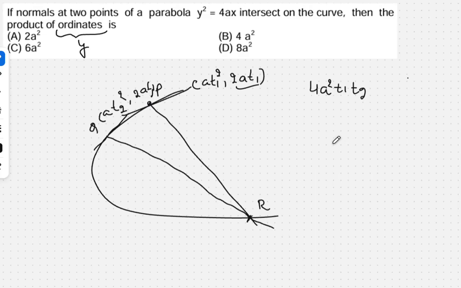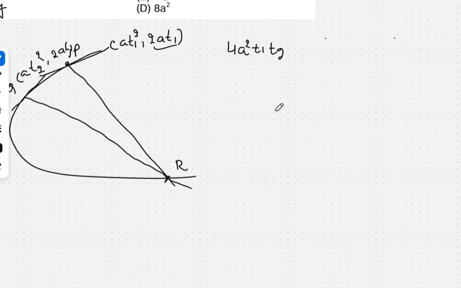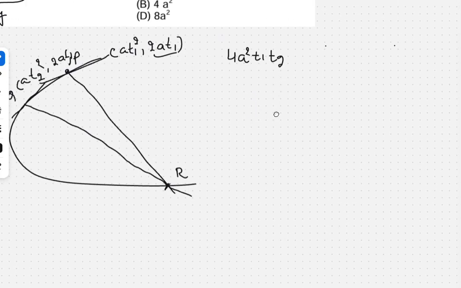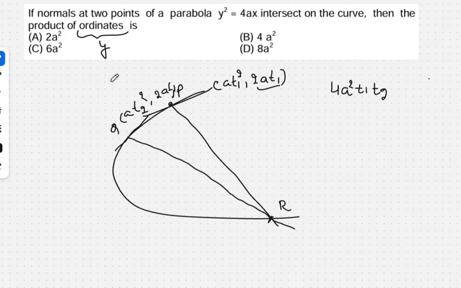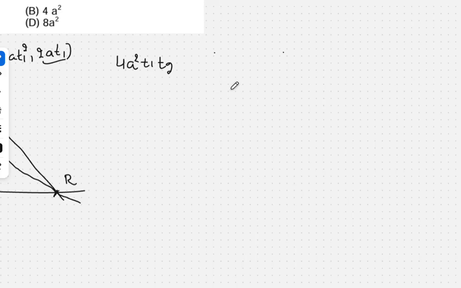Once you understand what is asked in the question, only then you can start thinking on how to process it. So one line of thinking: there are two hints in this question. Normals at 2 points intersect, and on the curve. So from this much only you can take your hint. First hint is intersection of normals.